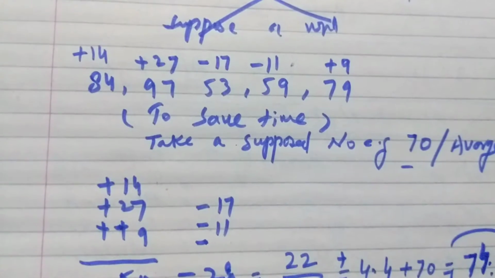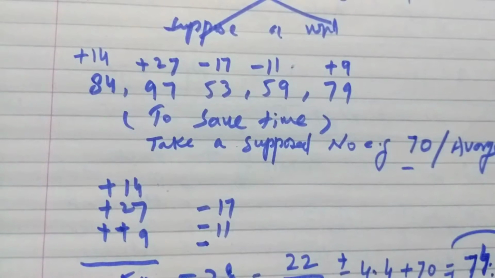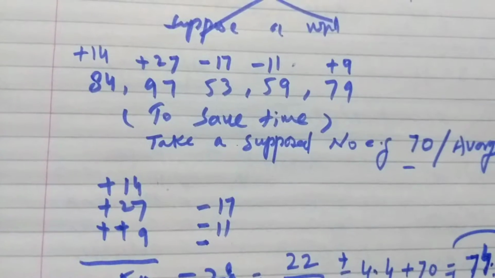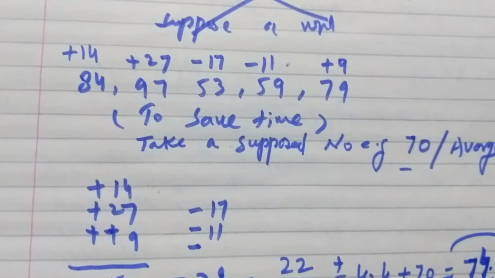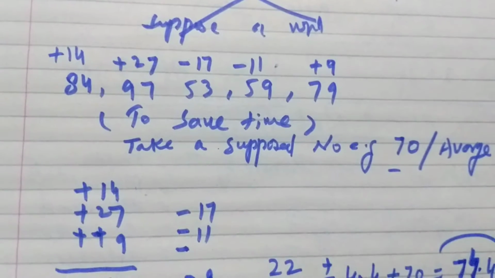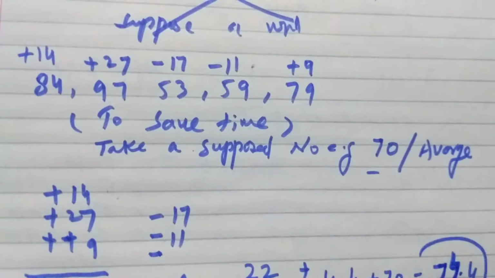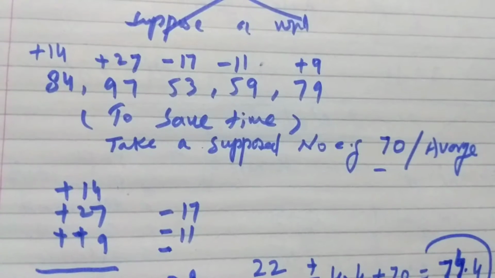Similarly 97 is 27 more than 70, and 53 is 17 less than 70. 59 is 11 less than 70, and 79 is 9 more than 70.